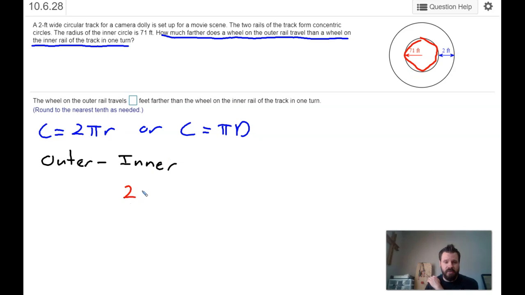So we'll just say 2 pi times 71. And then for the outer circle, what we have is this extra 2 feet on top of that 71. Jeez, I'm drawing terrible here. So the radius for the outer circle will be 73 feet. So in other words, we can go 2 times pi times 73.